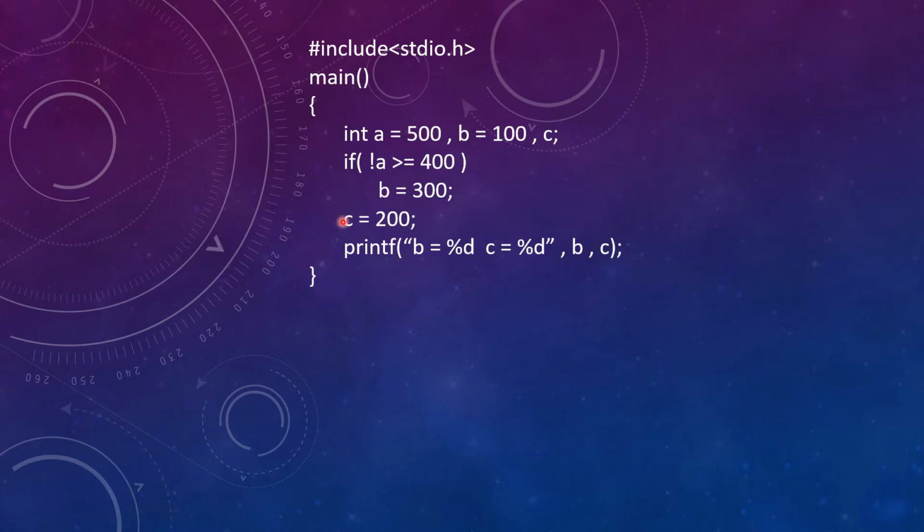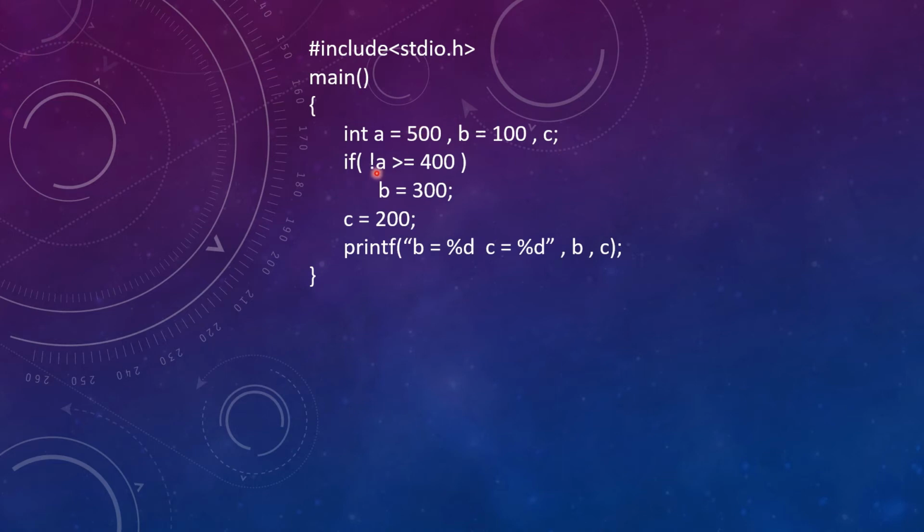So first understand what will be the output of this condition, whether it will be false or it will be true. So you need to solve this first. So as you can see here, not of A, and what is the value of A? 500, right? So as I said earlier, and you know it, that any non-zero value in C language is considered to be a true value, right? And only 0 is considered to be a false value, right?